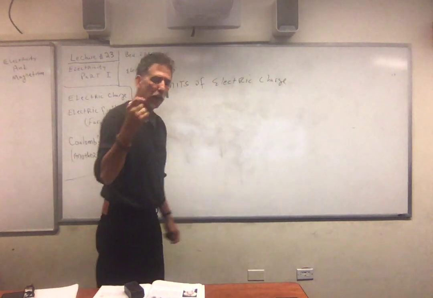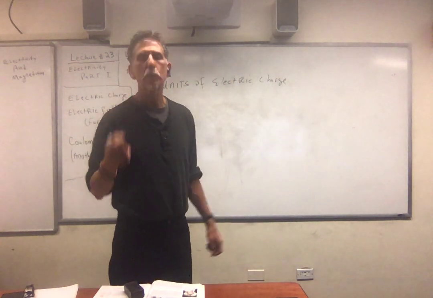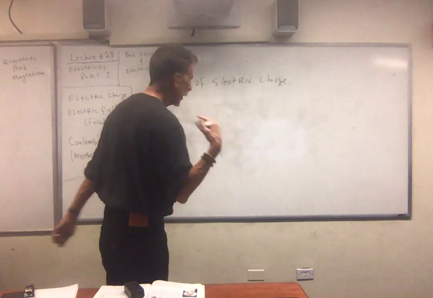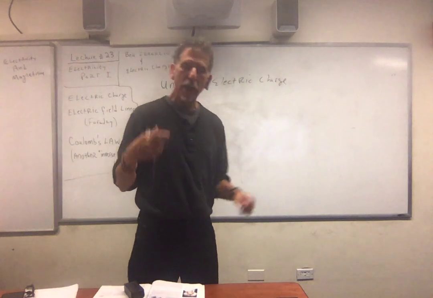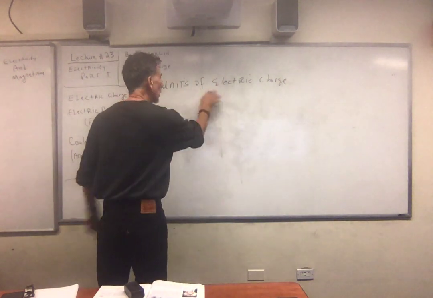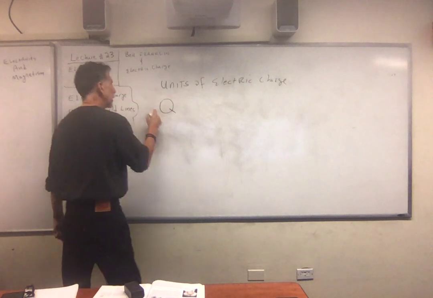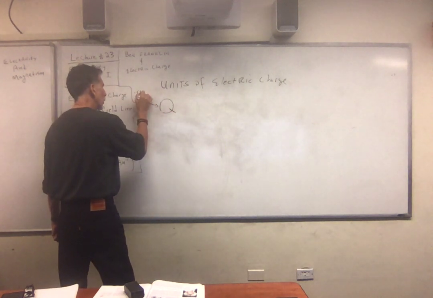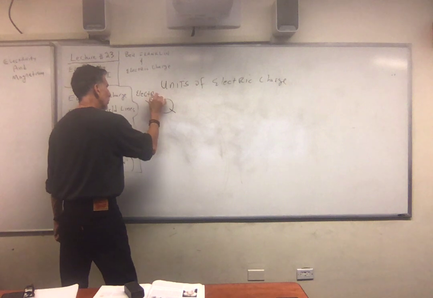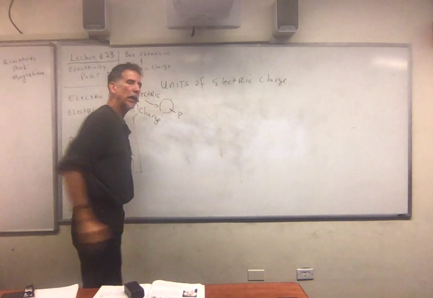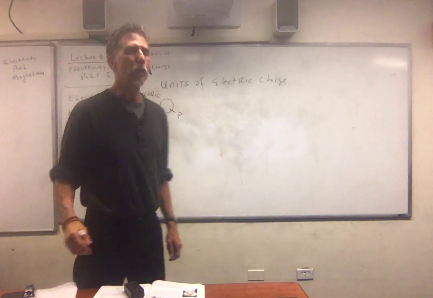Okay? Now, an electron, you can't see an electron, it's so small. And a proton, very, very small. Later, I'll tell you about the size of an atom and things like that. But for now, let's talk about the units. I'm going to use the symbol Q, which represents electric charge. I'm going to put a sub P there, sub P for proton. This is the charge of a proton.